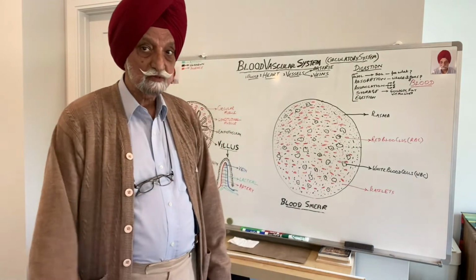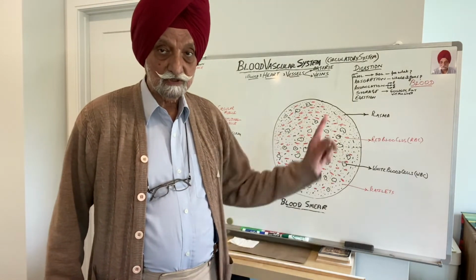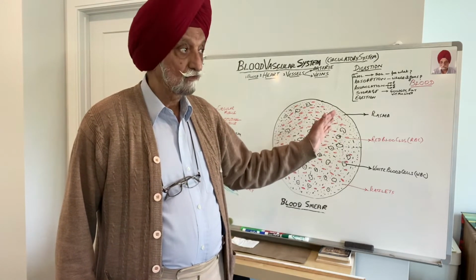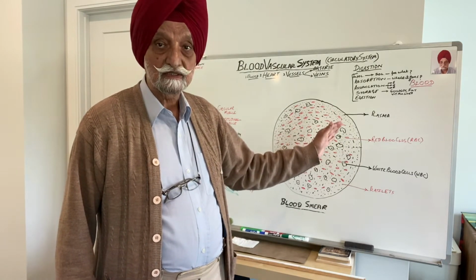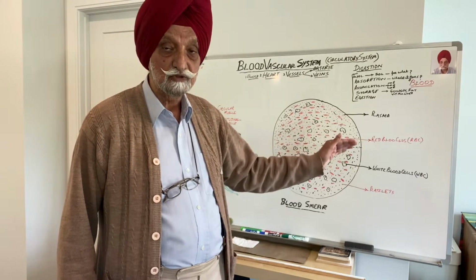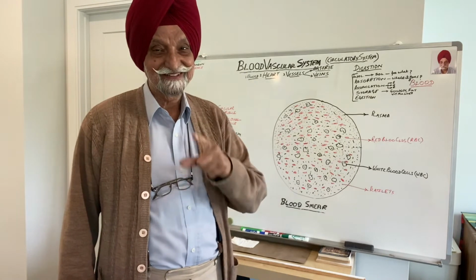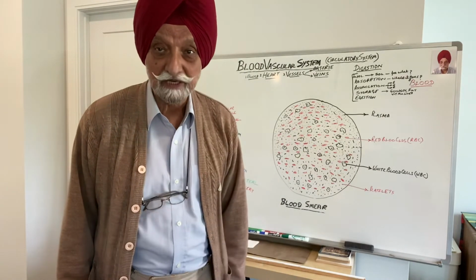Now, you will ask me, how is this absorbed? I'll just tell. But where do these soluble constituents of food go after absorption? The answer is they get into the blood.